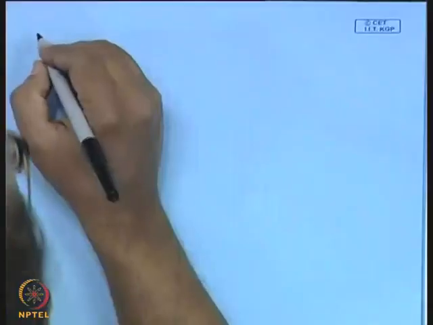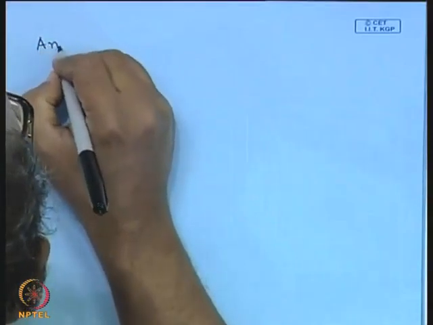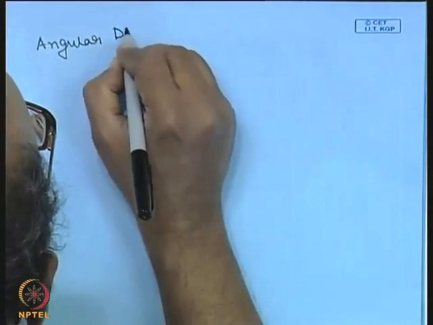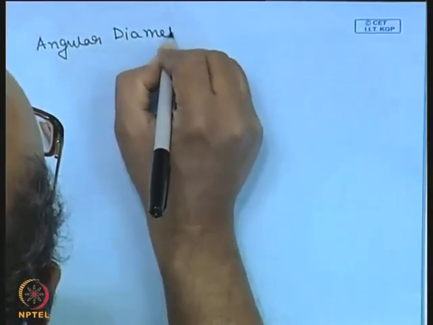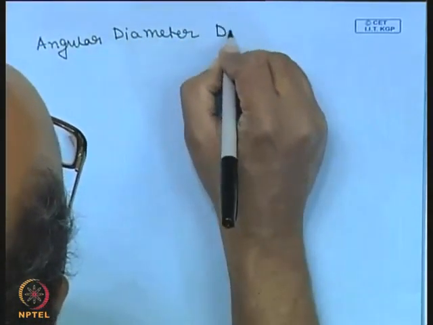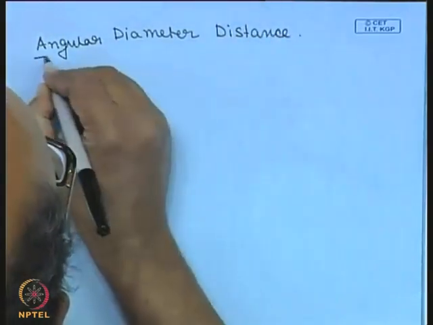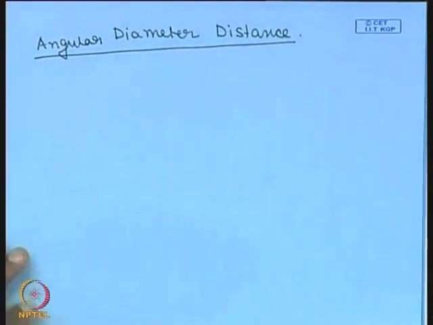So the first such thing is the angular diameter distance. Let me introduce this. This is one of the distances which is important in observations.